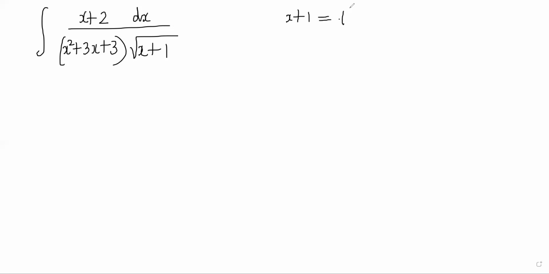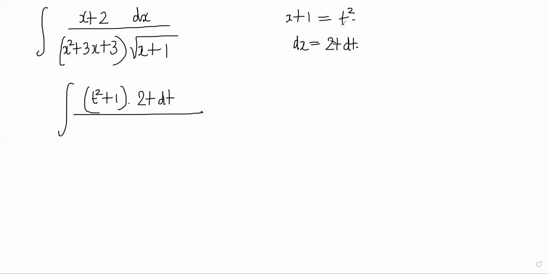x plus 1 is equal to t square, right? So that will mean that dx is equal to 2t dt, right? And the top part, x plus 2 is t square plus 1, dx is 2t dt, and instead of x, this part can be written as, so x is t square minus 1.